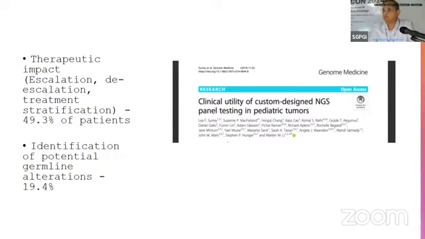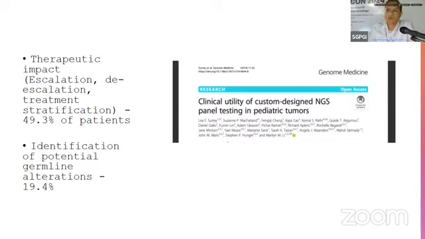What do we mean by therapeutic impact? Because of this next generation sequencing, we were able to either escalate the therapy, de-escalate the therapy, or use it in risk stratification.